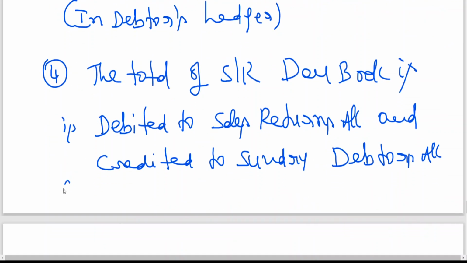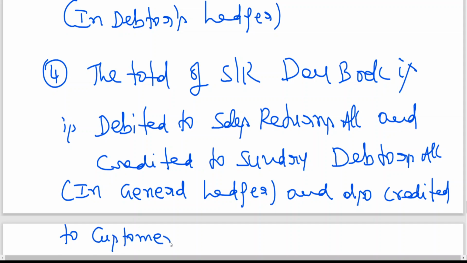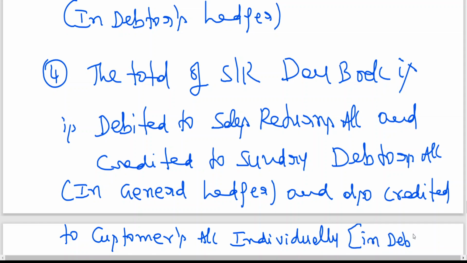Credited to sundry debtors account in general ledger, and also credited to customers account individually in debtor ledger.